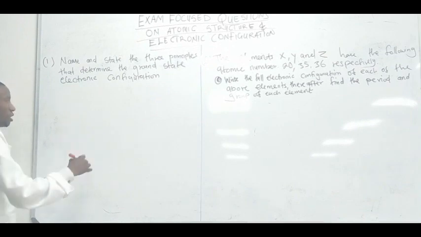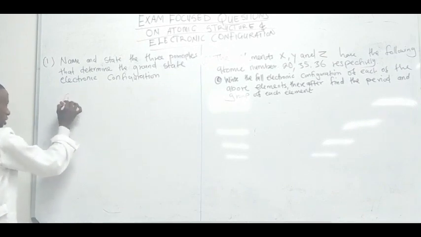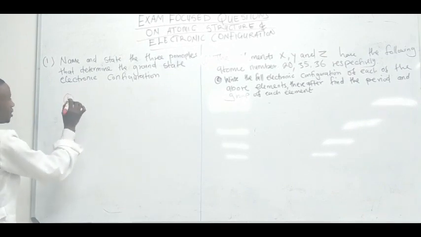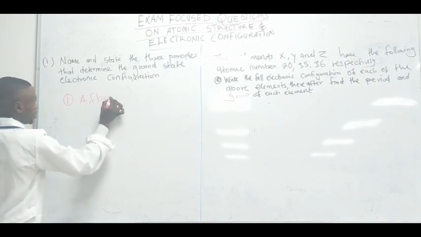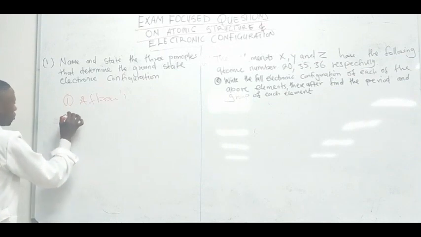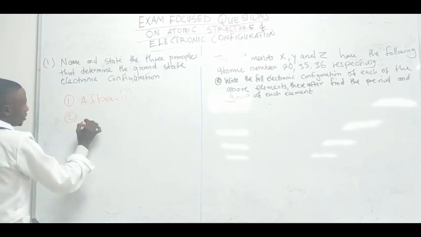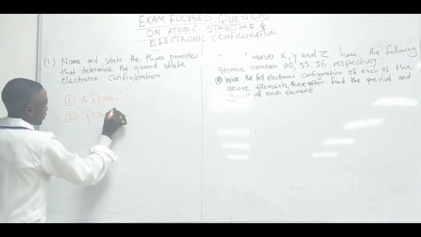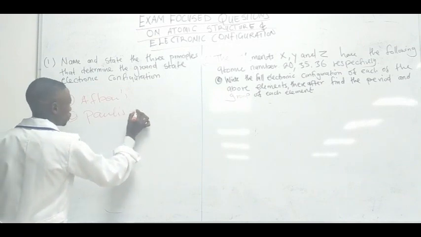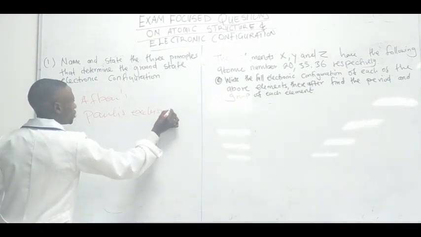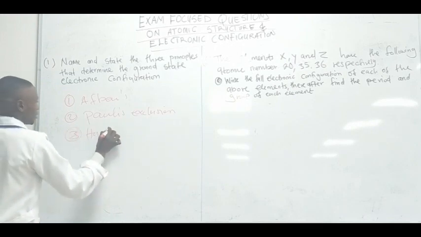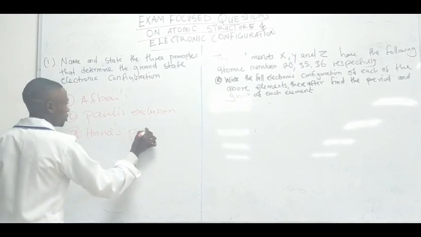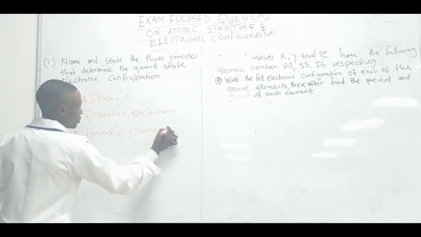Now in summary, we looked at 3 principles that this question is looking for. We looked at the Aufbau principle, then the Pauli exclusion principle, and we've also looked at Hund's principle.